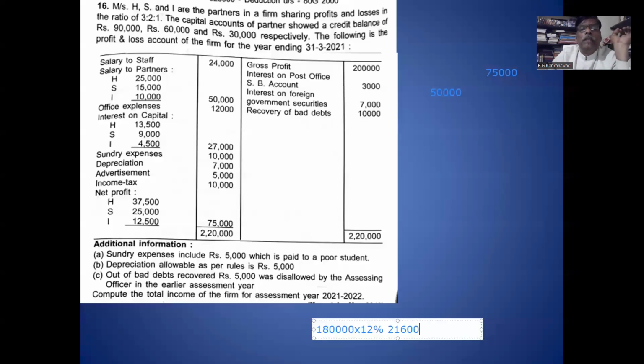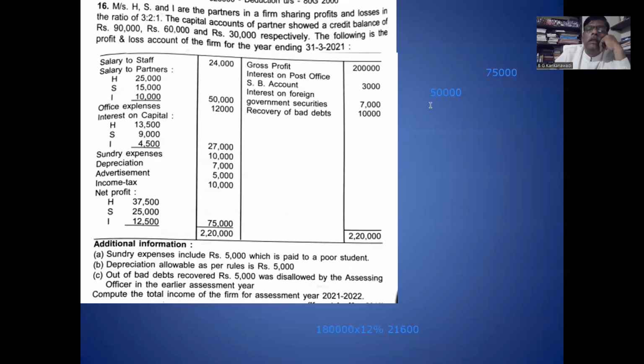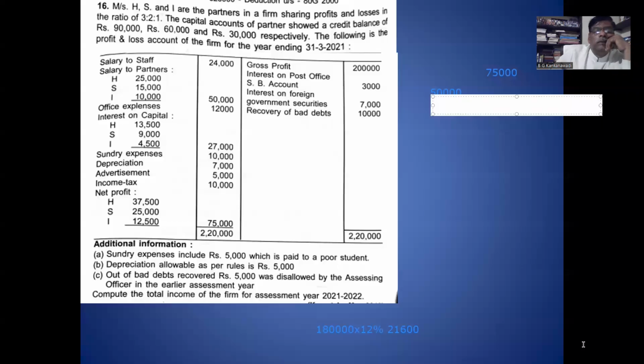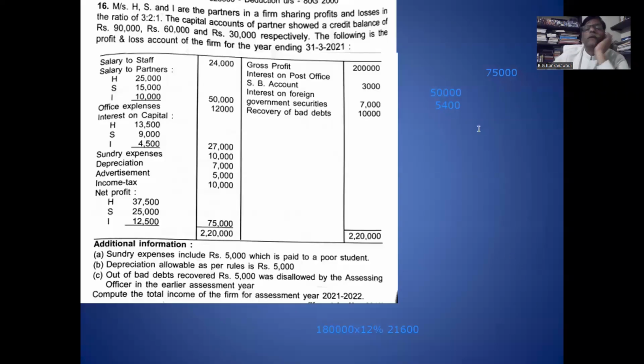But in the P&L account, 27,000 is the interest. So out of 27,000, 21,600 is allowable, and the remaining is, I think, 5,400. 5,400 is disallowed. Okay, 5,400 disallowed.